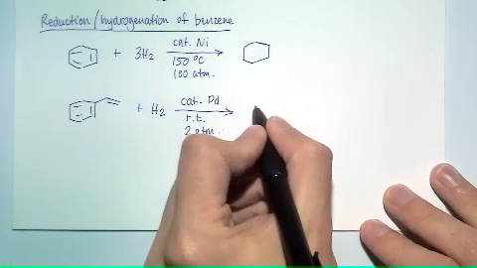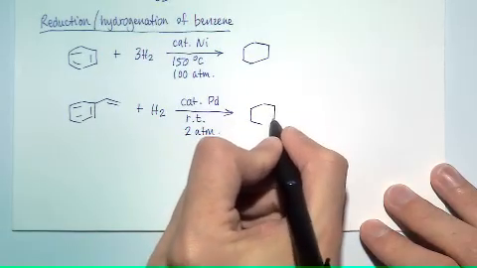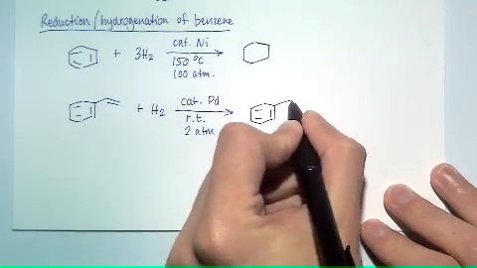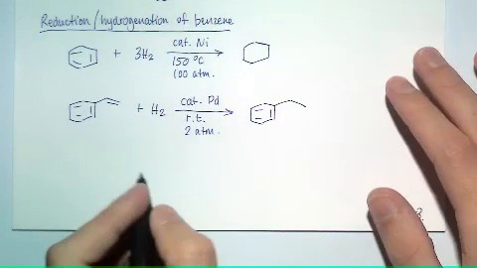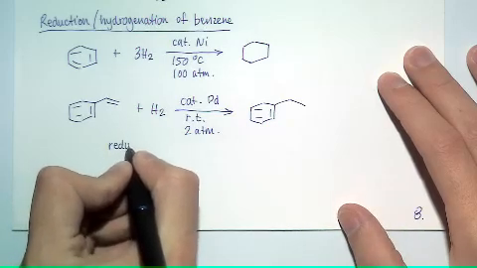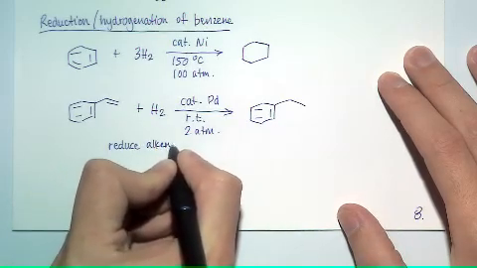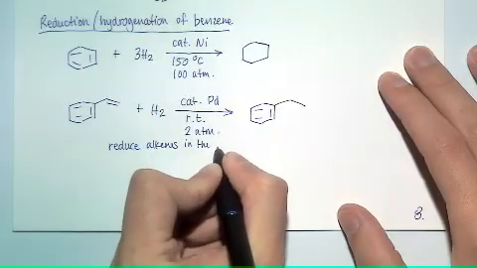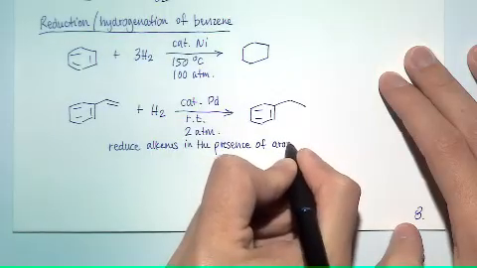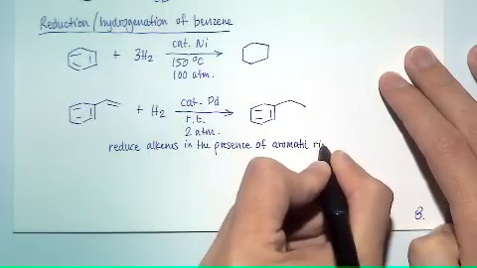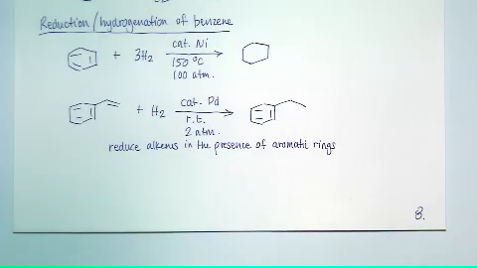You can selectively hydrogenate just the side chain. So you can, in fact, hydrogenate an alkene when you have an aromatic ring somewhere in your molecule. Now that's useful.